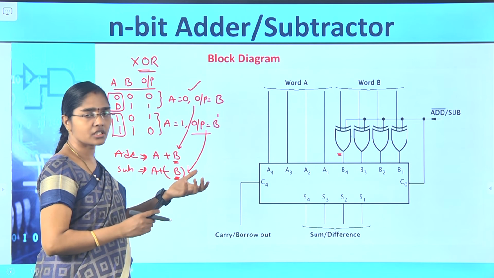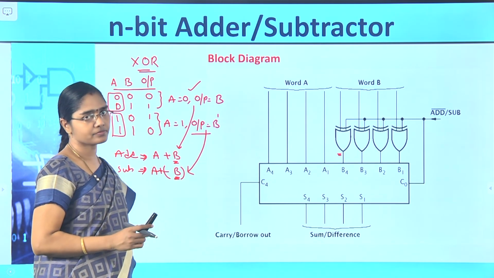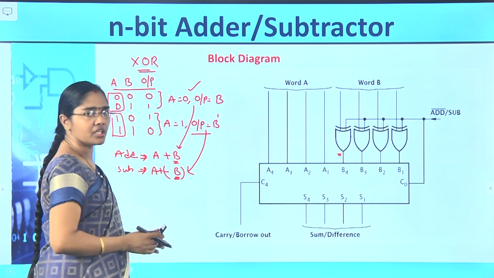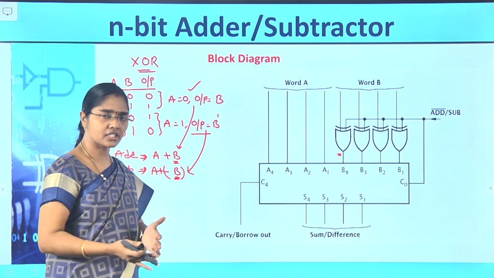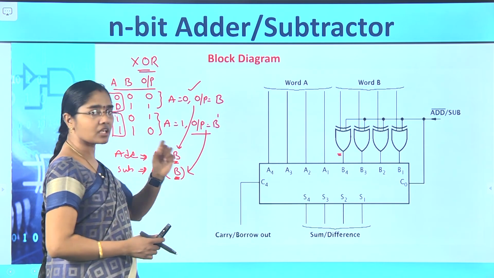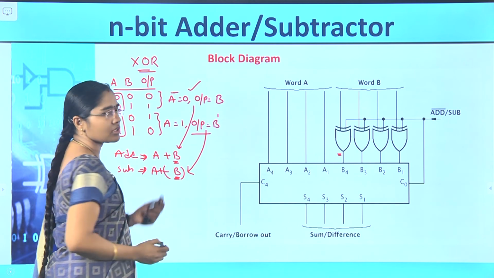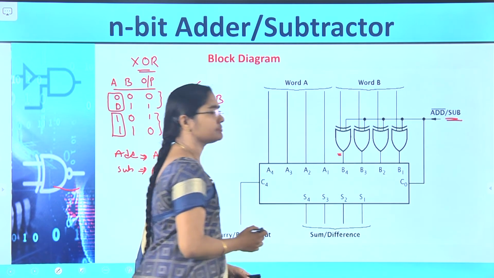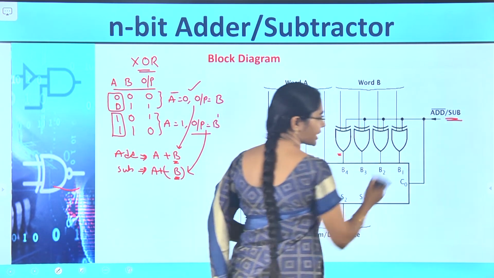For the XOR gate, we will use one circuit for both addition and subtraction operations. Now if we take A and B as inputs for the XOR gate, then we can't get either B or A as the output. Therefore, instead of A, use one control signal for the XOR gate. See the block diagram. This is the control signal. That control signal name is add bar subtract.